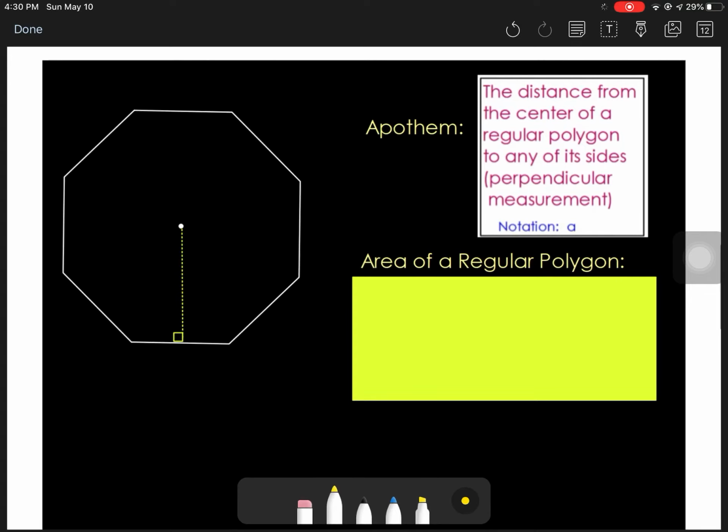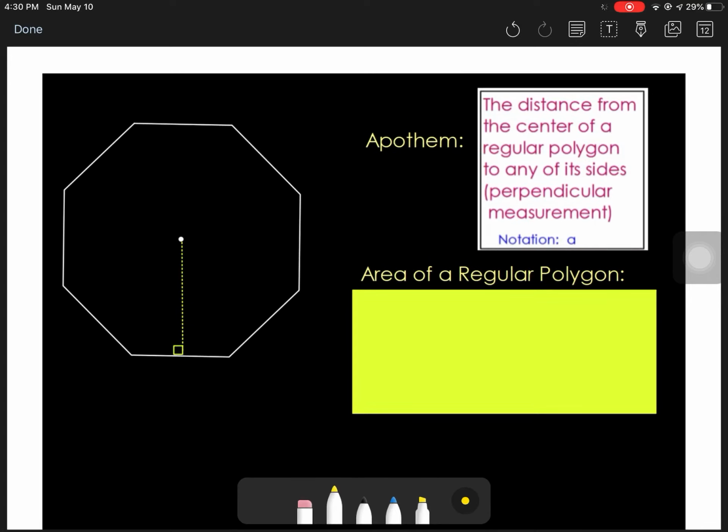Okay, so this dotted line here on this figure, this is an octagon. This is a regular octagon, we're going to assume. So the distance from the center of a regular polygon to any of its sides, perpendicular, this is called the apothem. Kind of a cool little word. Notice the apothem has to be perpendicular from the center.